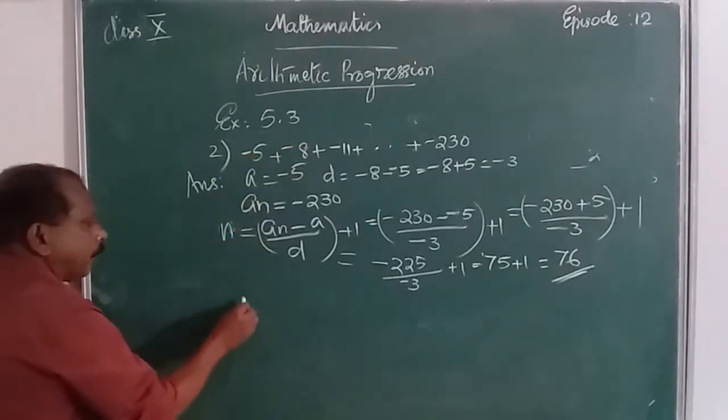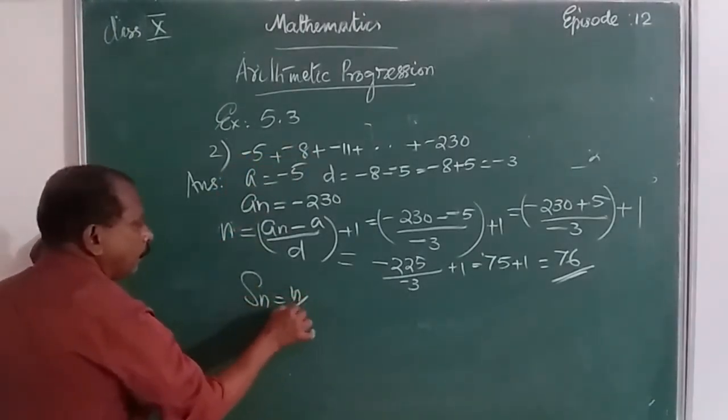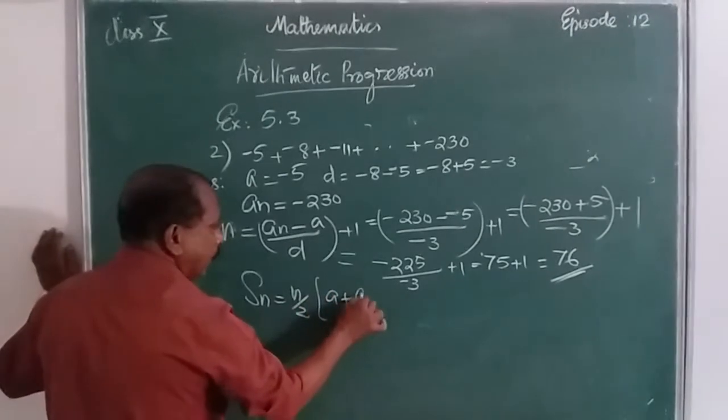First and last terms are given. Therefore, Sn is equal to n by 2 into a plus an.